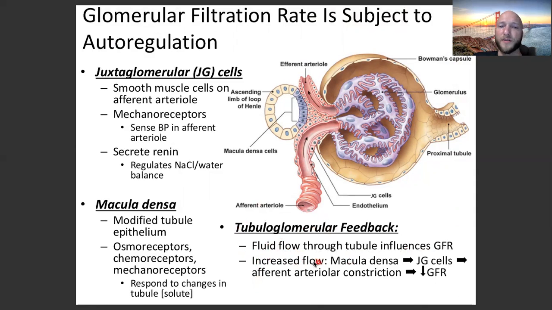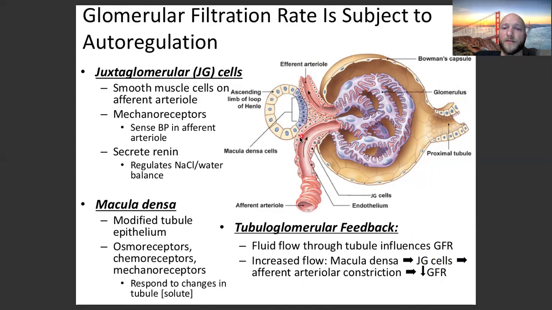So if there's an increase, like too much flow within the tubule system, the macula densa cells detect it. The macula densa cells will tell the JG cells. The JG cells in the afferent arteriole can constrict, which will decrease blood flow to the glomerulus, decrease the hydrostatic pressure within the glomerulus, which will decrease glomerular filtration rate.